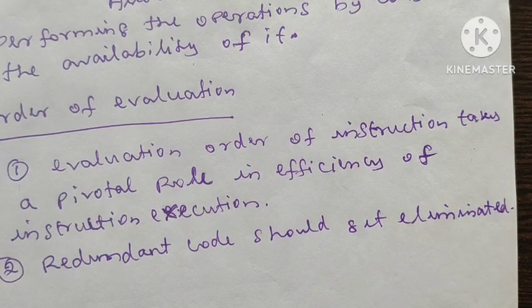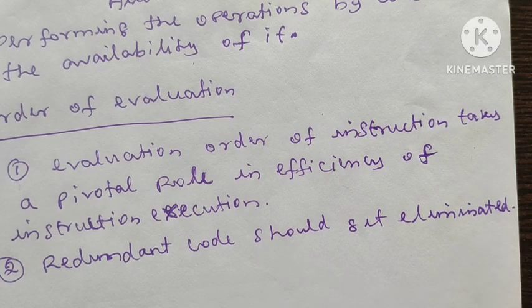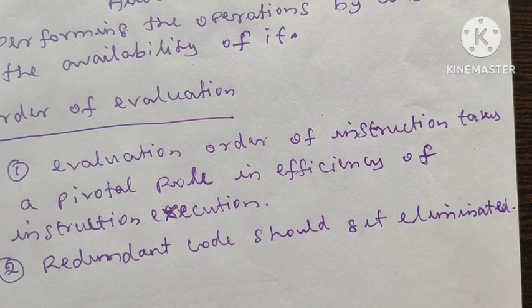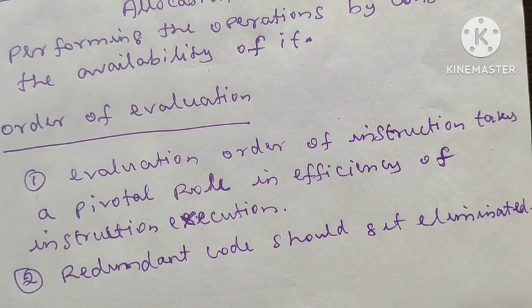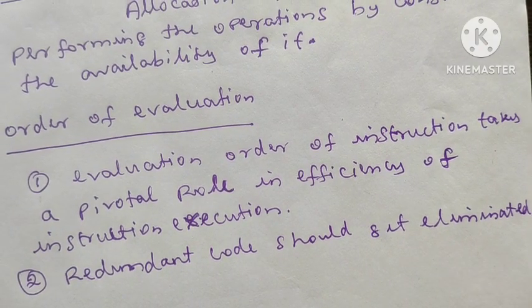Such statements should be eliminated, and the order of evaluation of the instructions plays a significant role in the execution of the instructions. So that's about evaluation of the instructions. These are the six major issues connected with code generation.